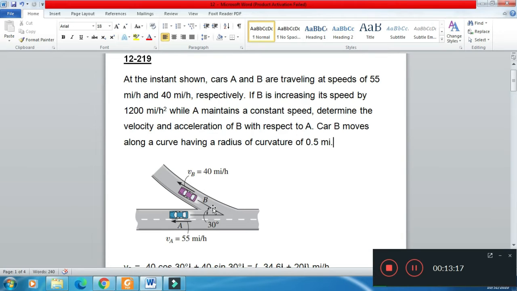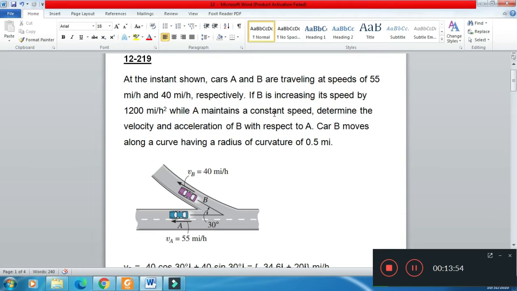Velocity of A is 55 miles per hour, velocity of B is 40 miles per hour, and at the instant shown, the angle between the directions of A and B is 30 degrees. Another piece of information is that B is increasing its speed by 1200 miles per hour squared, whereas car A is maintaining its constant speed.